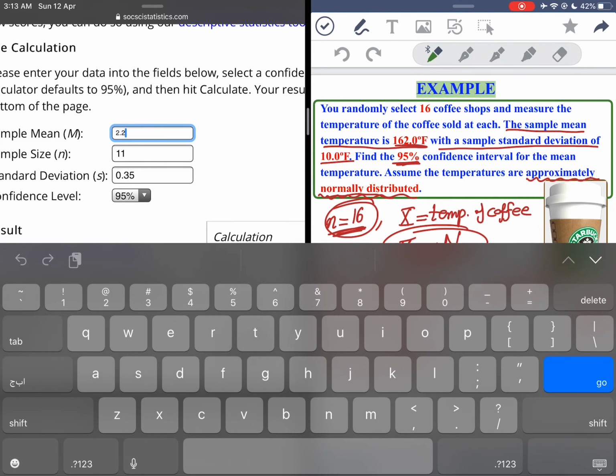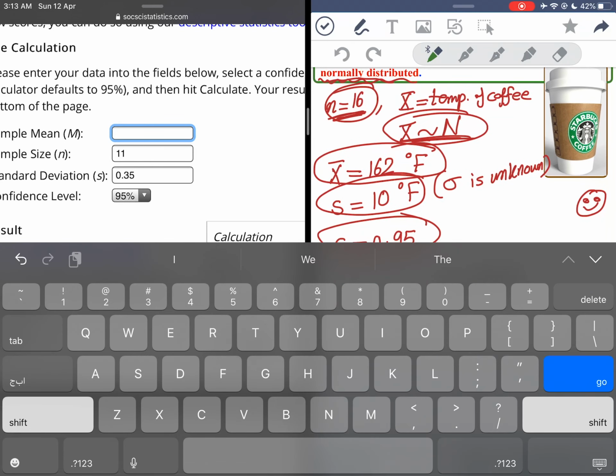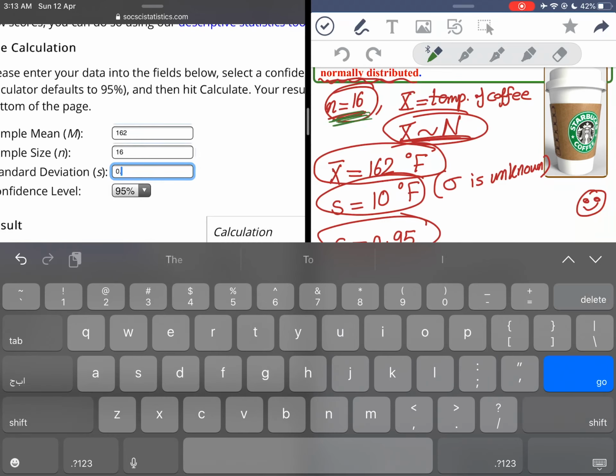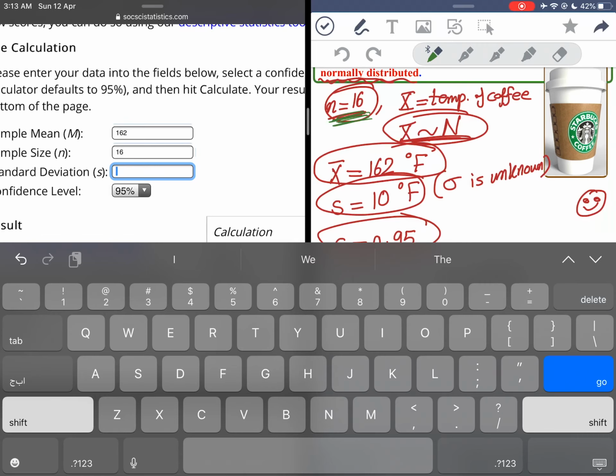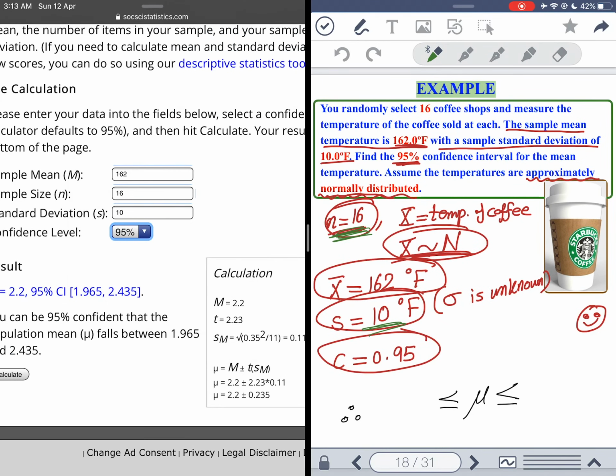So what is the mean that we have? X bar is 162 degrees Fahrenheit, the sample size is n equals 16, and the sample standard deviation, S, is 10 degrees Fahrenheit. And I want 95% confidence. Calculate.